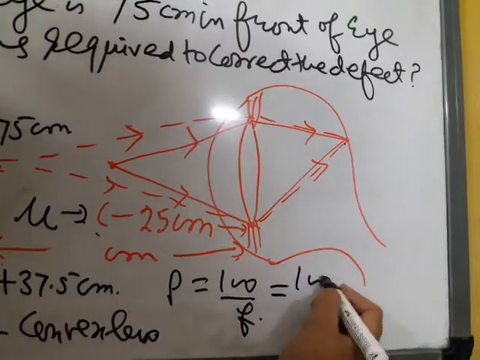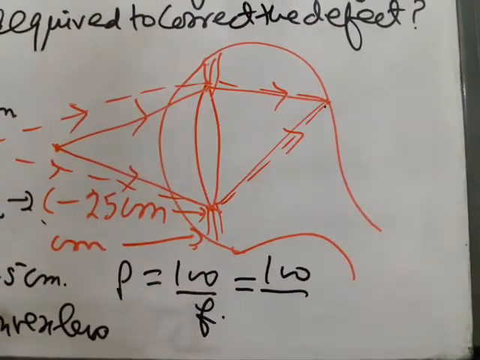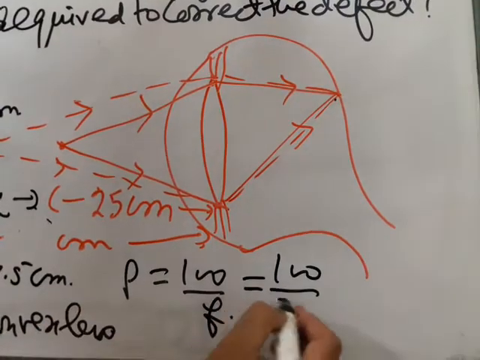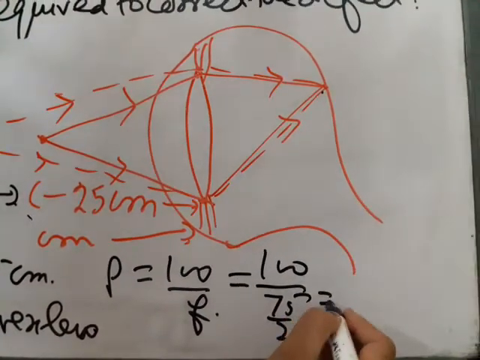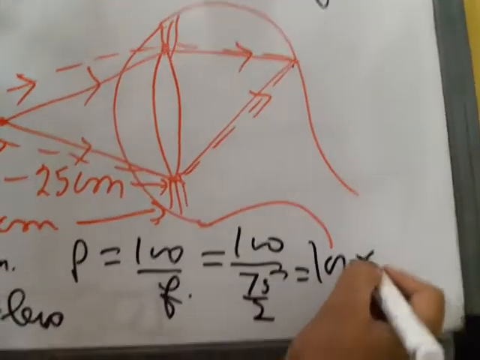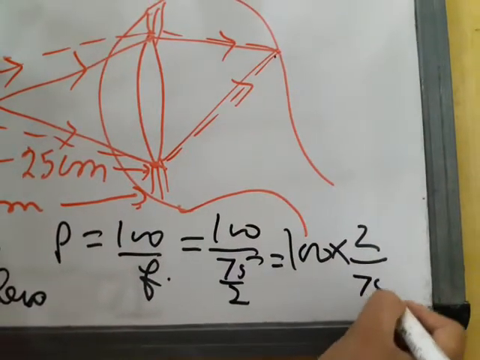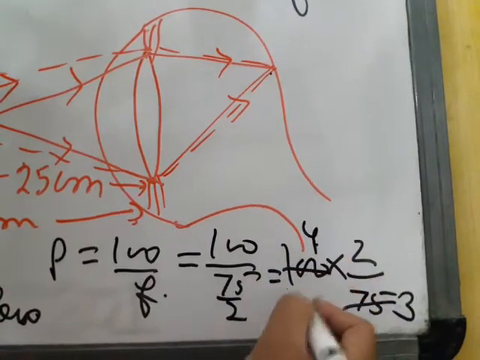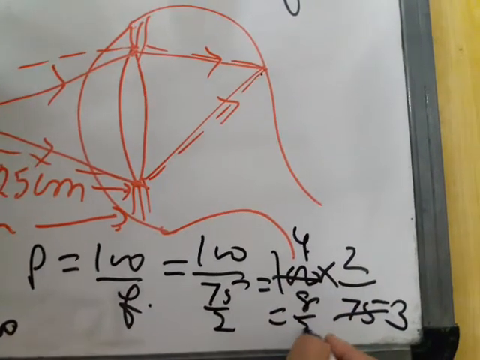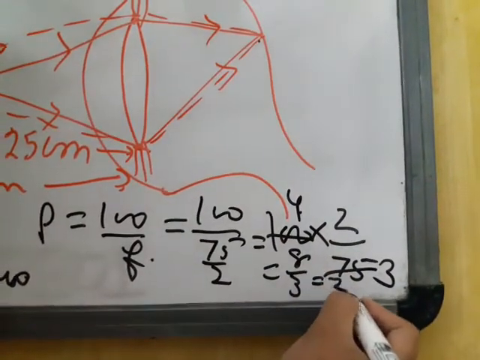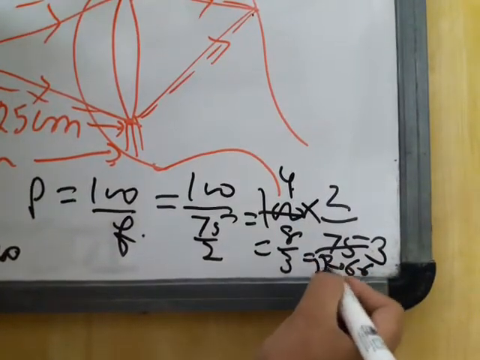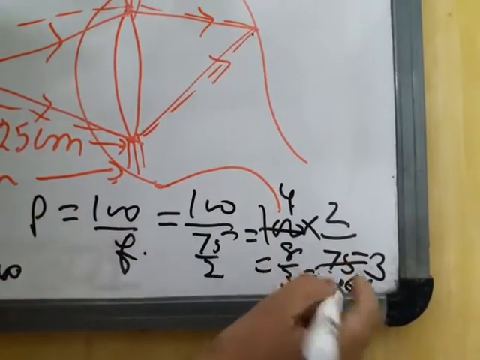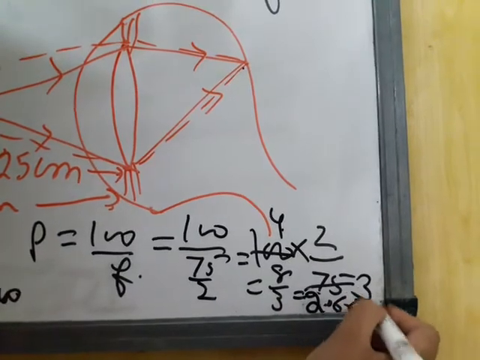So 100, instead of 37.5, I will put 75 by 2 and reciprocate it. 2 by 75, 25 3s are 75, 25 4s are 100, and it is 8 by 3, that is 2.66 diopter. So 2.66 diopter.